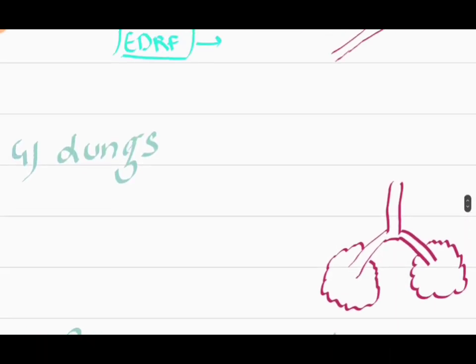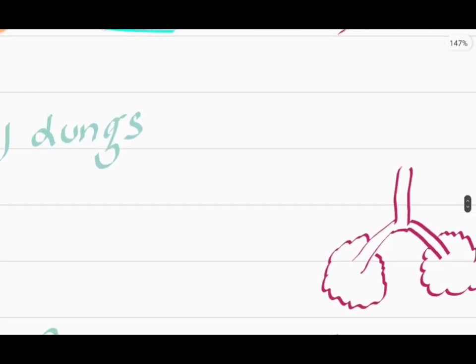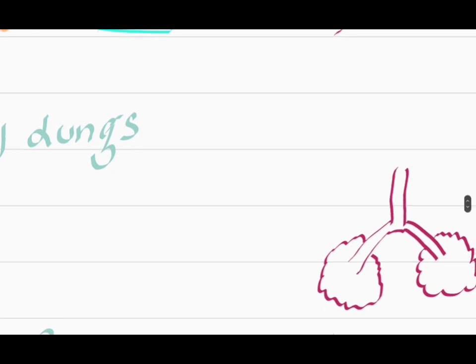In the lungs, there are two sites of action. Number one is the bronchial muscles, and the other is the glands present in the respiratory tract. Here we have the muscles which have muscarinic receptors, and these are the glands which have muscarinic receptors.